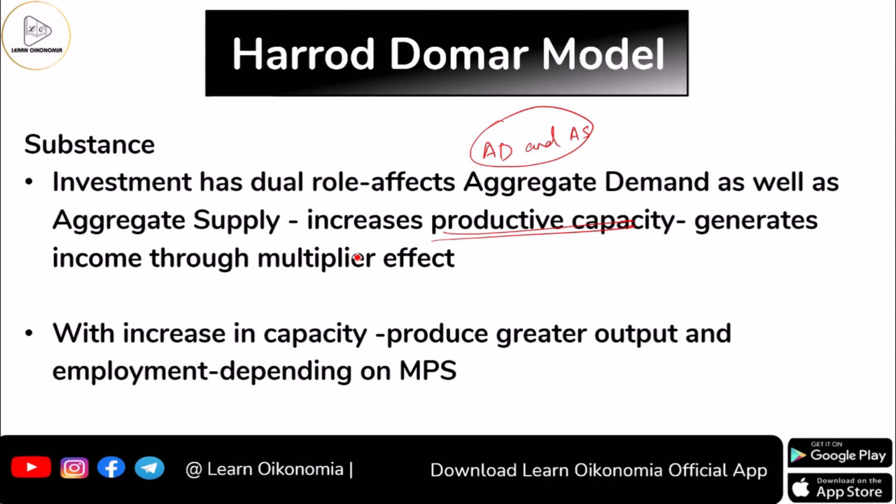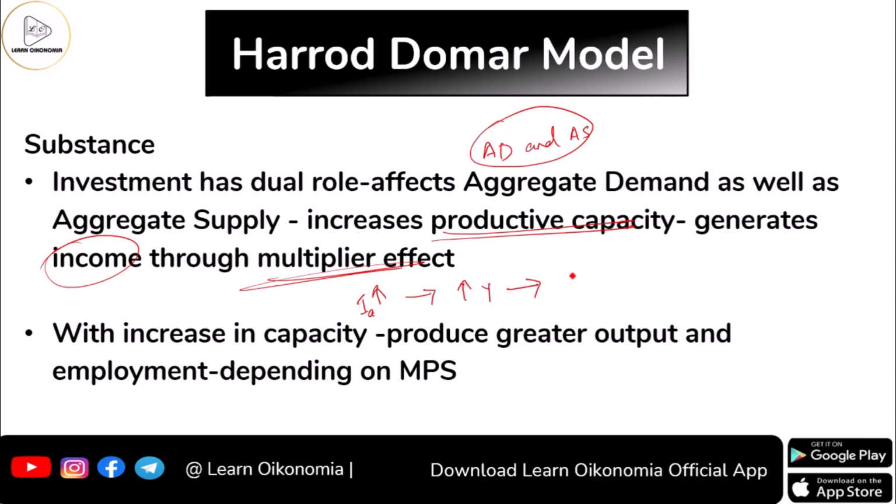Now there would be some income increase as a result of the multiplier effect. There will be an initial investment in the economy which would be autonomous. Now there would be an increase in income.